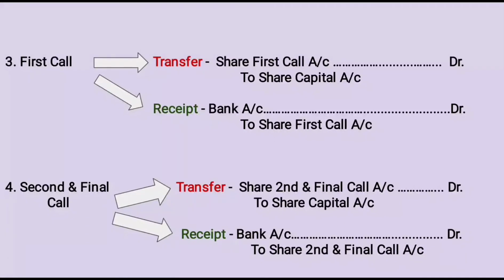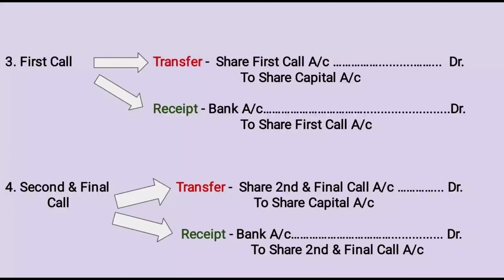Then fourth stage, second and final call. So here also we have to first pass transfer entry, then receipt entry. Transfer entry is share second and final call account debit to share capital account. Receipt entry is bank account debit to share second and final call account. Here in every stage we have to pass 2 journal entries.